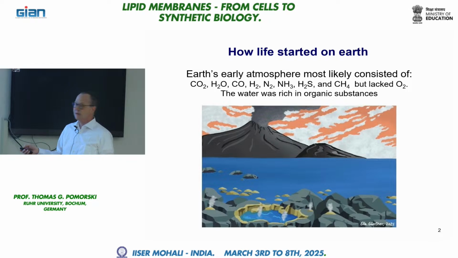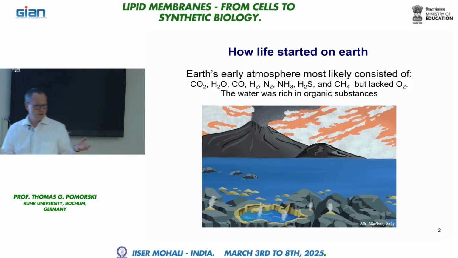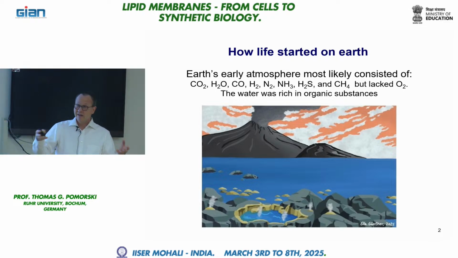You see also the sky was not really blue, oxygen was not there, so no ozone layer. It was more a type of sky that you would find maybe on Venus, very cloudy and not so beautiful. This morning was beautiful weather, you see a beautiful sky.